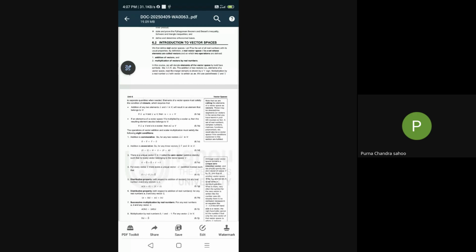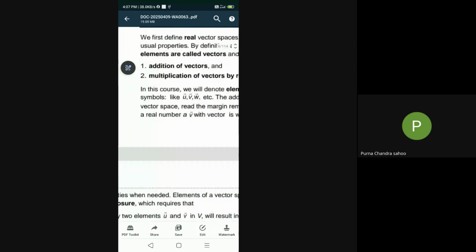So we denote elements of a vector space by boldface symbols or a symbol with an arrow mark above the symbol, like U vector, V vector, W vector, as shown on the screen.